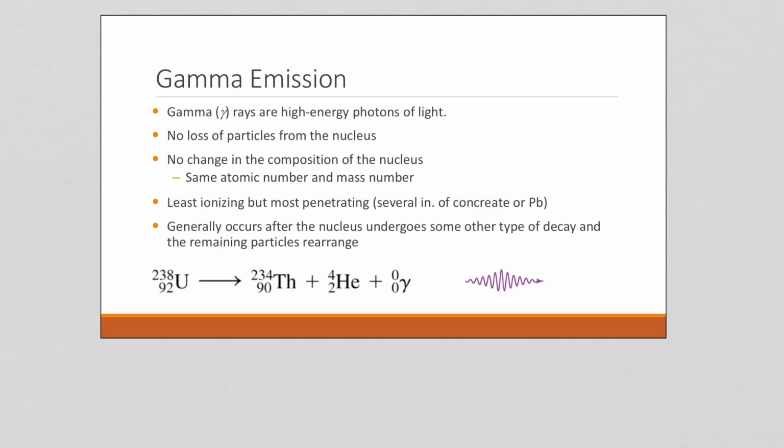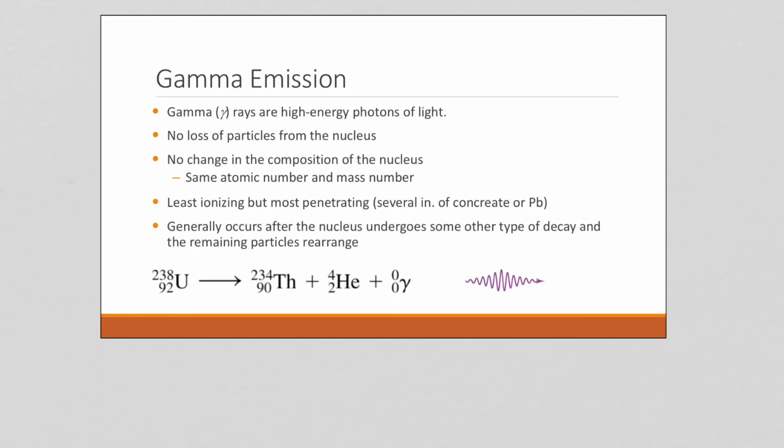That doesn't mean it's harmless, of course, but it is by far the most penetrating. It can penetrate several inches of lead, something we typically think about for shielding from radiation, or concrete. So by far the most penetrating of the 3 basic types of nuclear decay.